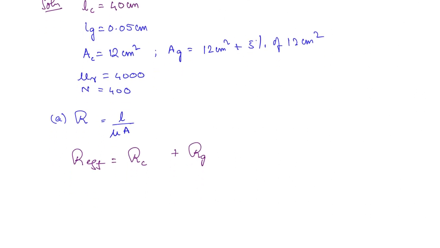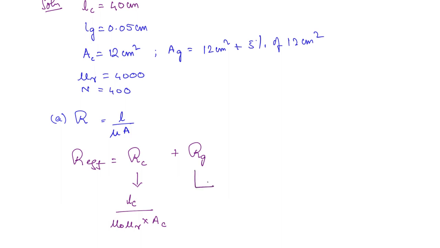Now what will be the reluctance of the core? This will be the mean path length divided by mu naught into mu r, which is given as 4000, into the area of cross section AC. Here we know Lc, which is 40 centimeters, mu r is given, mu naught is 4 pi into 10 to the power minus 7, and AC is also given, 12 centimeters squared. So convert everything to meters, then it will be better.